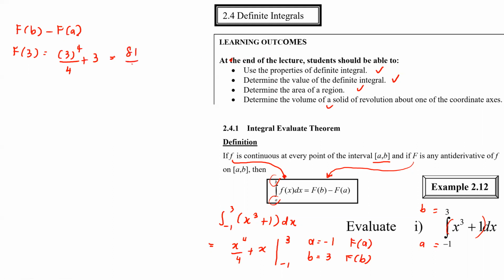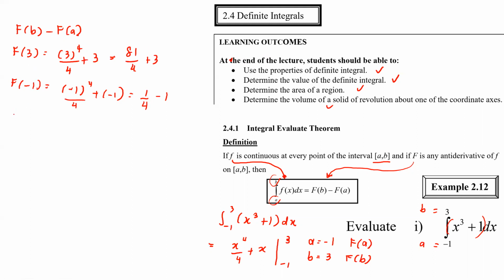Next, F(a). What is F(a)? Negative 1. So negative 1 to the power of 4 over 4 plus negative 1. So we get 1 over 4 minus 1. Why minus? Positive multiplied by negative, you will get negative.